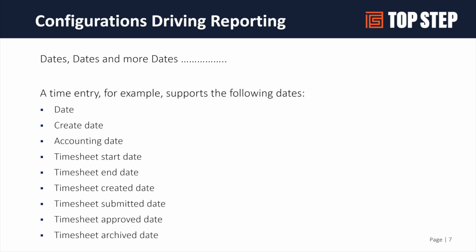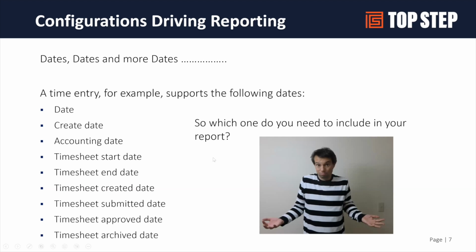So depending on what you're trying to report, could depend on what date you use in your reporting. So it's important to consider dates as you're building. So what date do you use? Well, it depends on what message you're trying to get out of the report. What story are you trying to get out of the report?